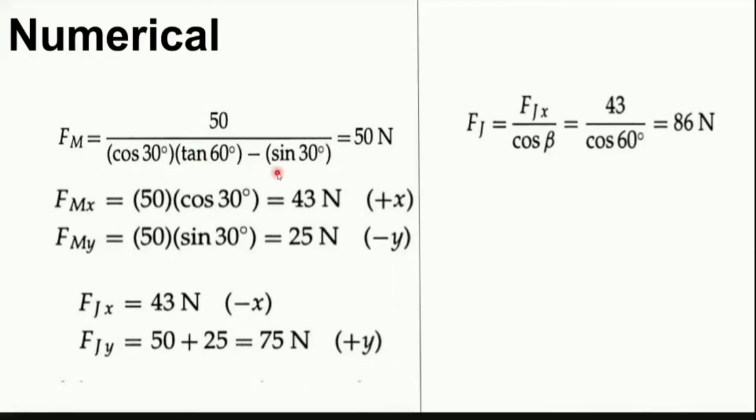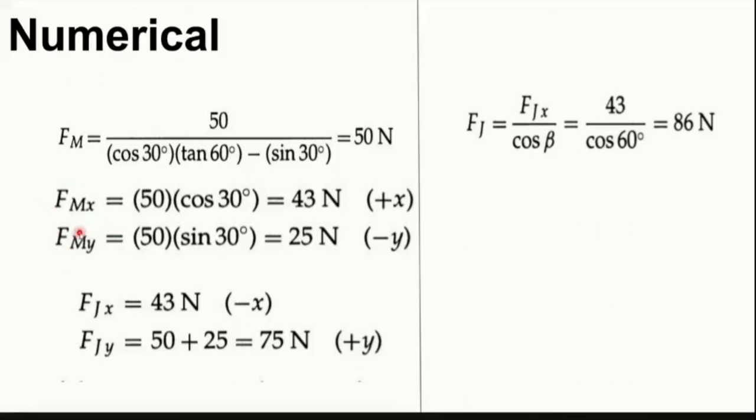If you substitute all the trigonometric values, we'll get Fm value to be 50 newtons. In the same way, when you substitute all the values in Fmx and Fmy, we'll get 43 newtons and 25 newtons. So this plus x and minus y represents the direction in which the Fmx and Fmy are acting.